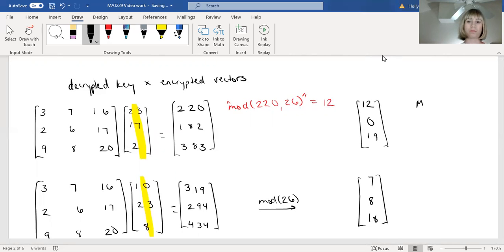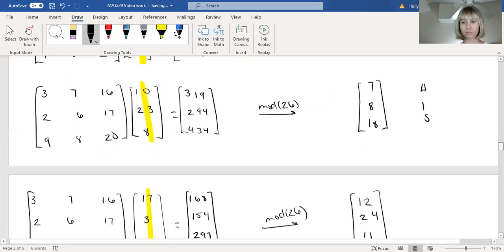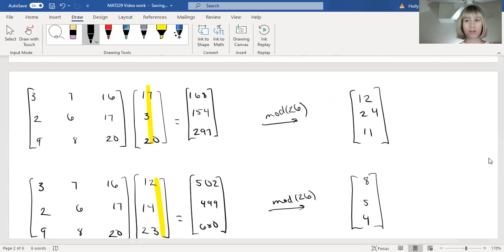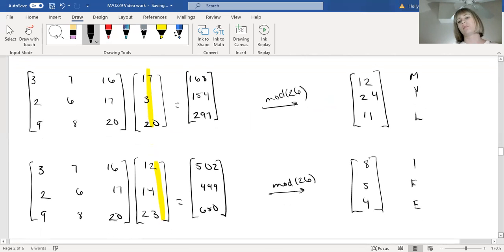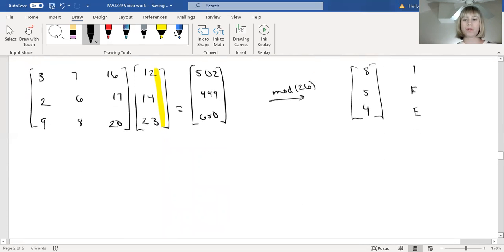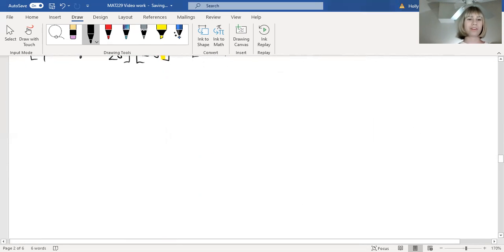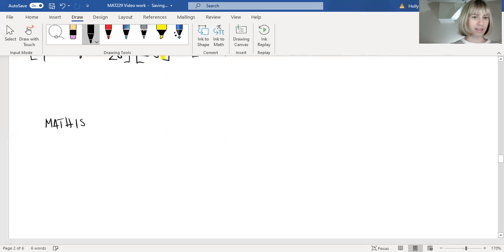So we have 12 is M, 0 is A, T, H, I, S, M, Y, L, I, F, E. And for the final reveal, in case it's hard to look at the words vertically, our message was: math is my life.